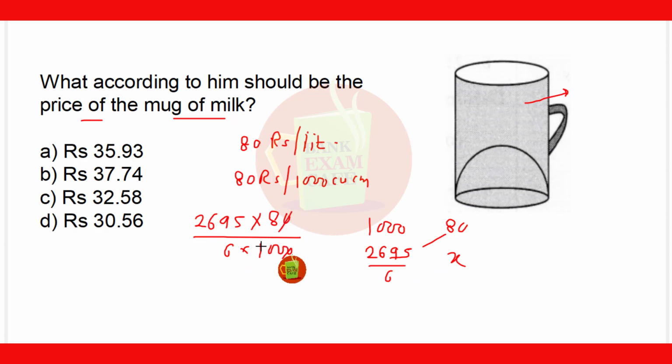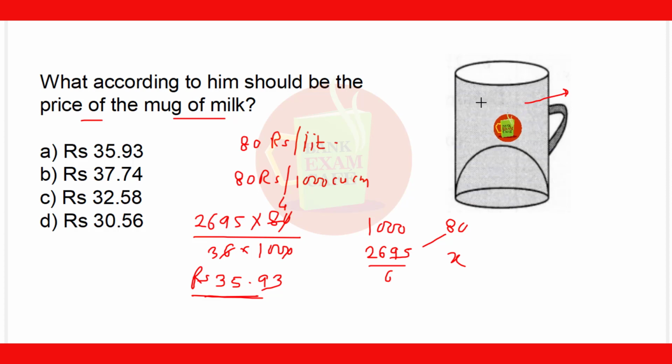So this 0 will get cancelled. 2 3s are 6, 2 4s are 8, correct? And then if you multiply this and solve this, you will get it as 35.93 rupees.